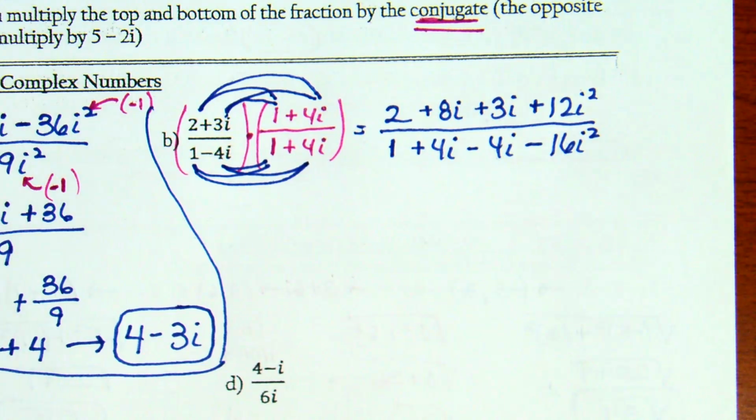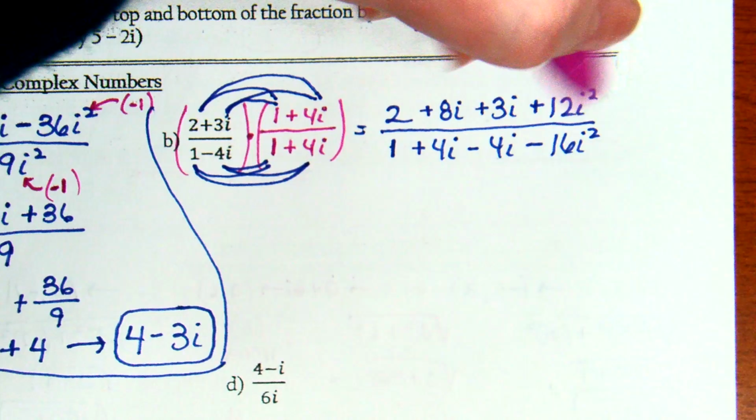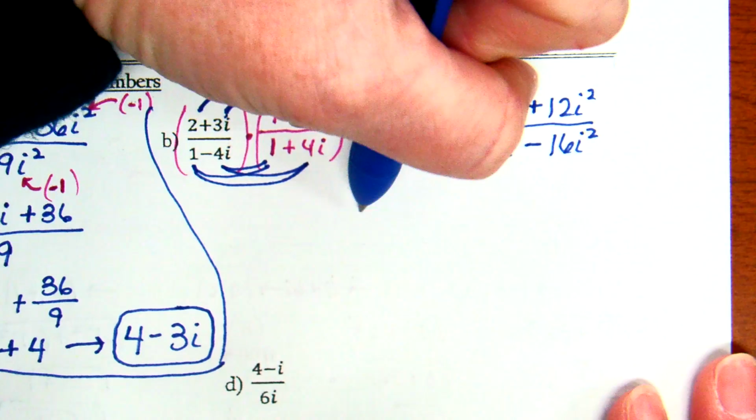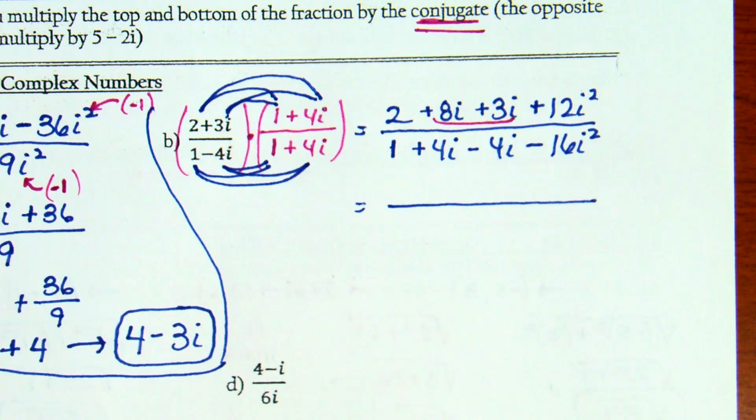Okay, what are some of the pieces you see here? We can combine like terms on the top. The 8i plus 3i will be 11i. And what happens when we combine like terms on the bottom? 4i minus 4i will cancel.